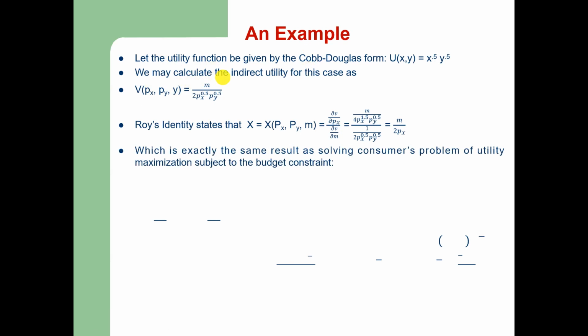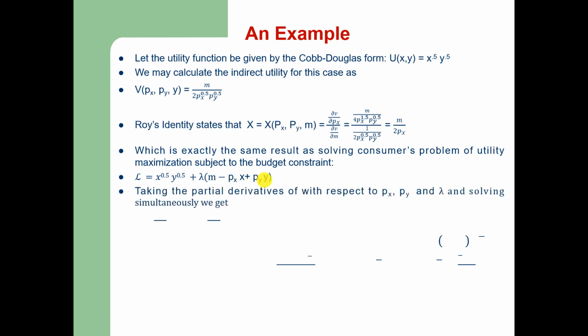So this Roy's identity says that it is exactly the same result as solving the consumer's problem of utility maximization subject to budget constraint. We may set up the Lagrangian function, which is equal to the original utility function plus the Lagrangian multiplier times the budget constraint, where m minus px times x plus py times y.